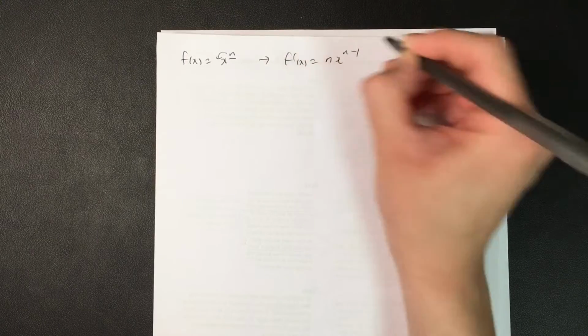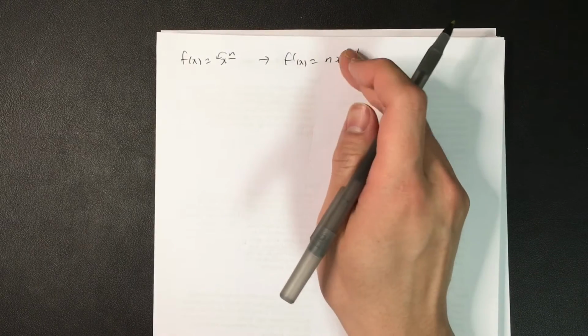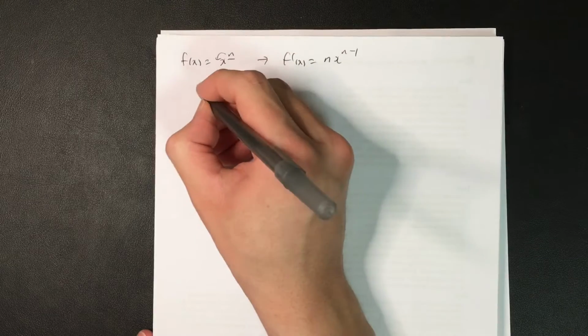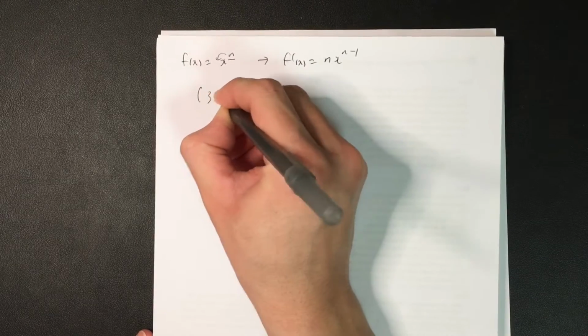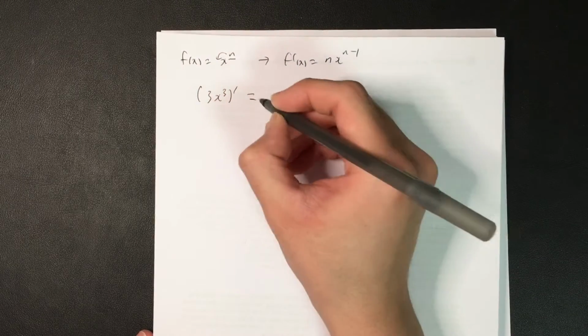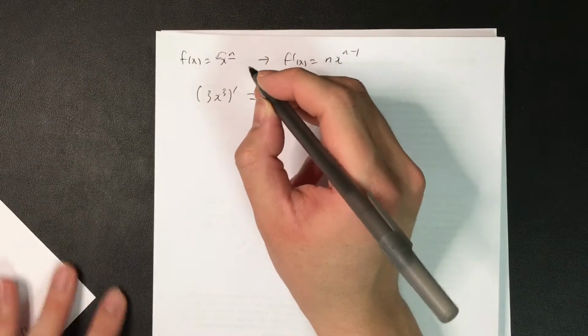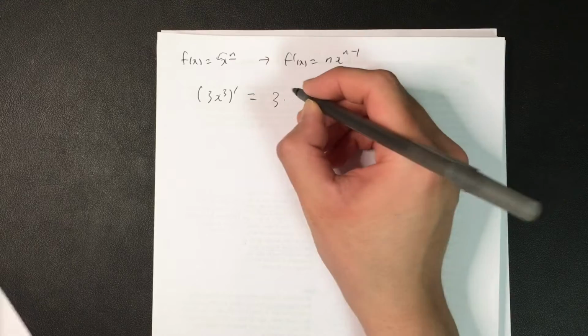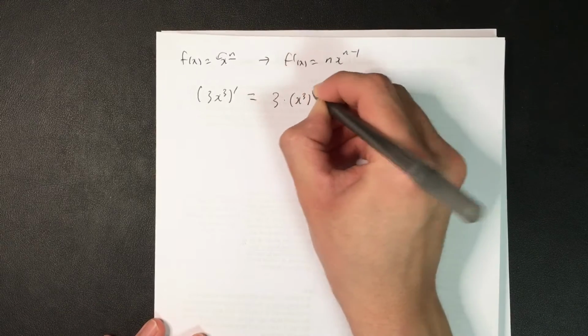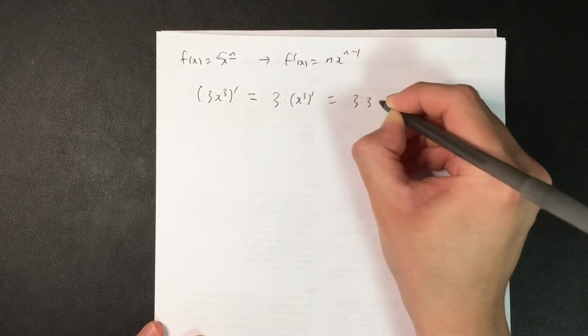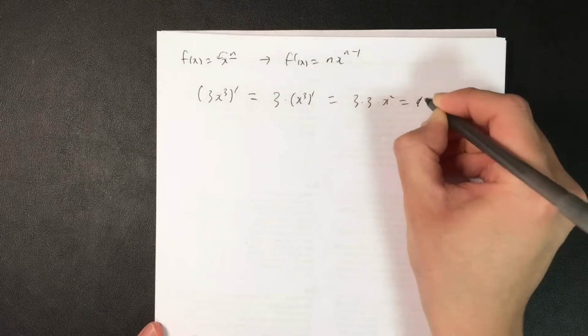So the derivative becomes n times x to the n minus 1. For example, if I'm taking a derivative of 3x cubed, then from the first rule, this equals 3 times the derivative of x cubed, which is 3 times x squared, equating to 9x squared.